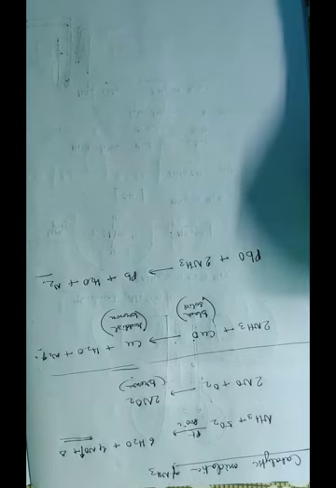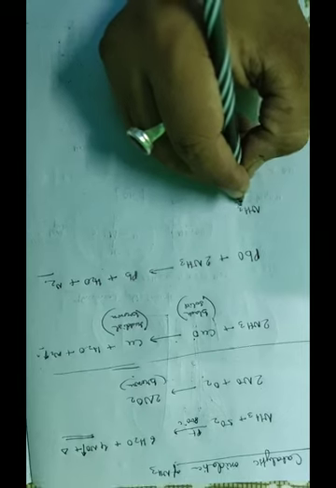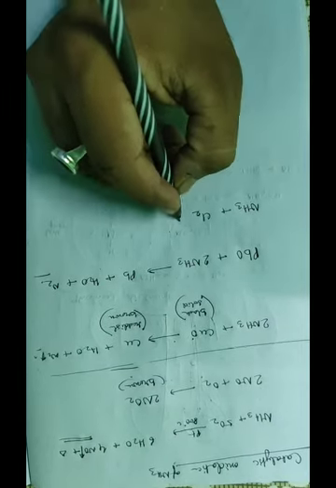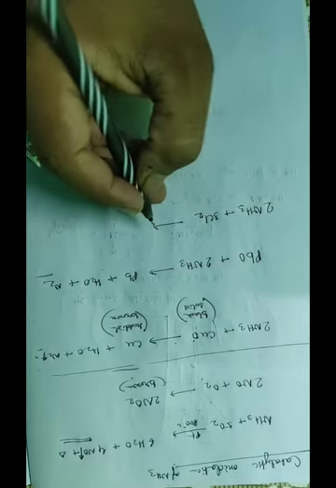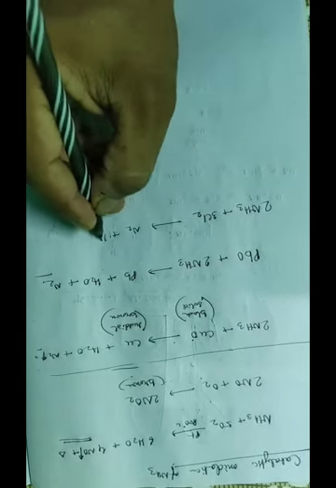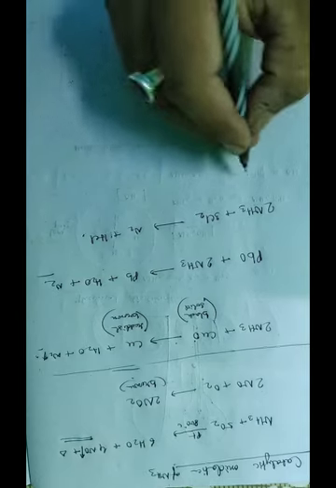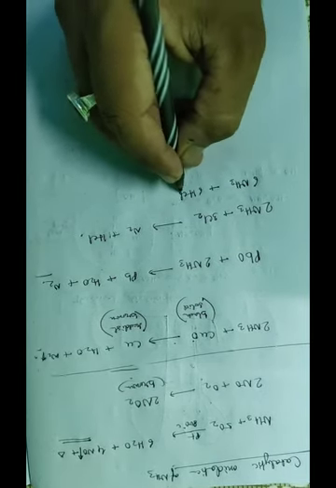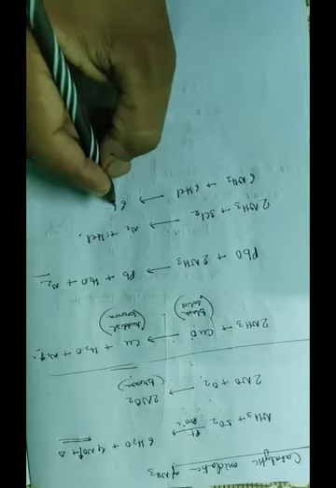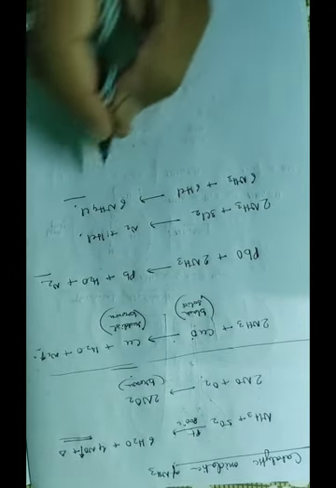Now reduction of chlorine to hydrogen chloride. When ammonia reacts with chlorine, it will give nitrogen as well as hydrogen chloride. Now 6 ammonia reacts with 6 HCl, then it will give 6 NH4Cl.